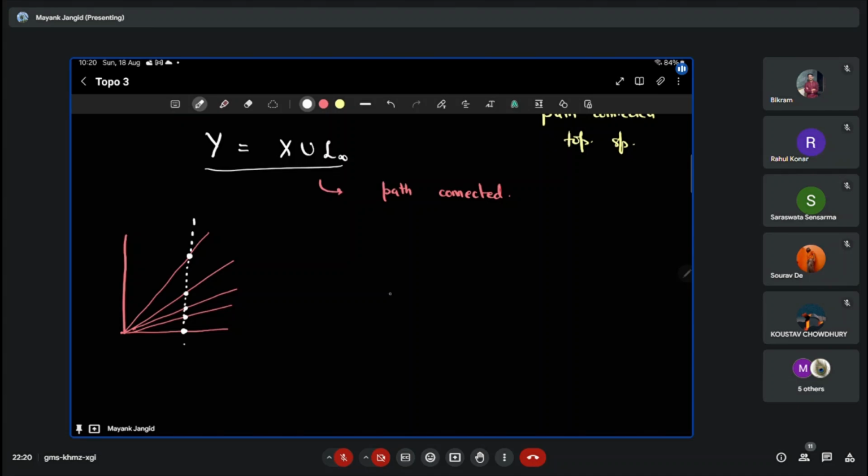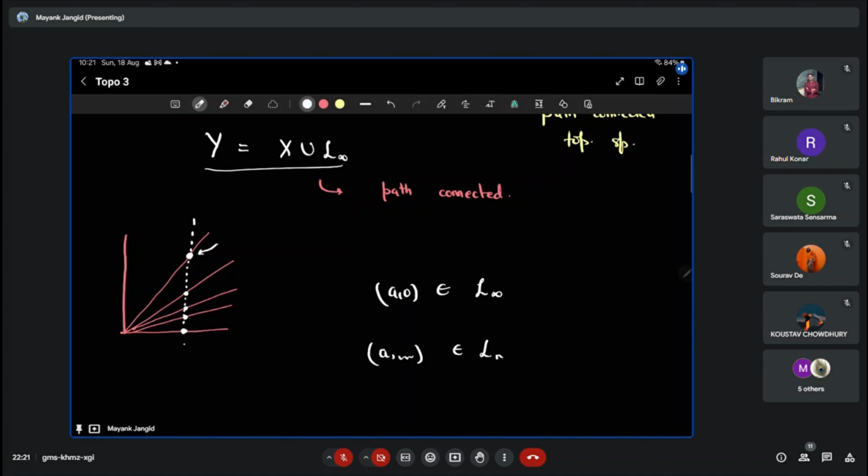If I take any point (a, 0) in L infinity, then the points that lie in Ln which have x coordinate a, I don't know what the y coordinate will be, you can calculate that.